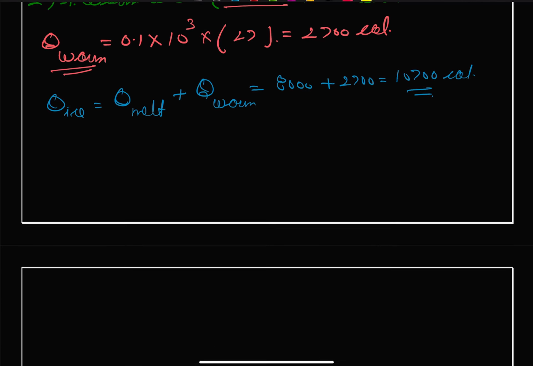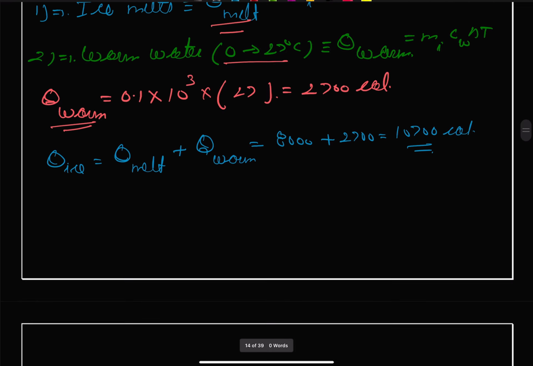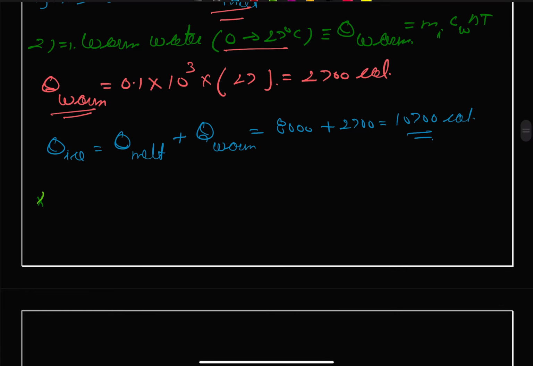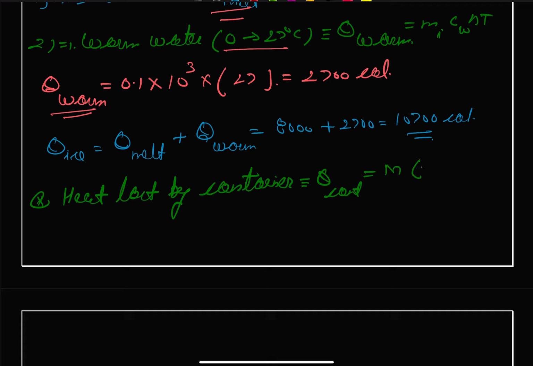So we can say the heat lost by the container, let us call this Q container, will be equal to mass and the equation of specific heat, that is A plus Bt, dT, and its integration from the final temperature to the temperature TCI.